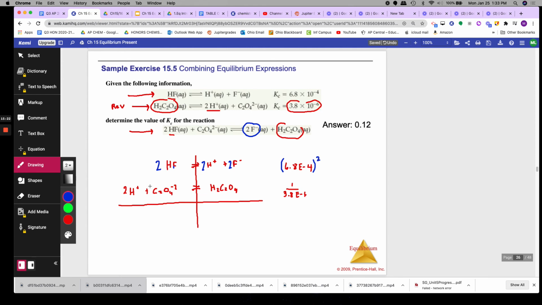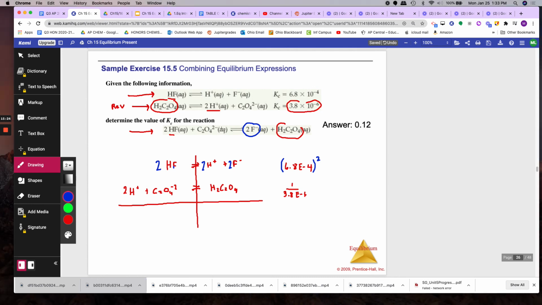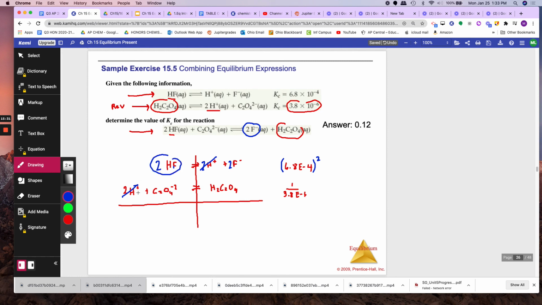All right. So now let's see if this works out better. Does it look like that? Yes, I think so. You cancel the H pluses. And there's the 2HF. And it matches this. Yes. Here's a C2O4. C2O4 minus 2.